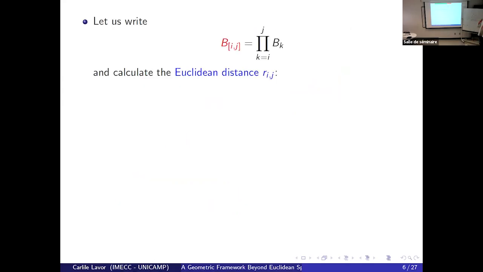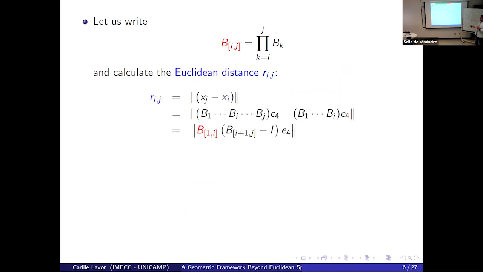Our problem is to compute distances. So let's use the matrices to compute distances. I will use this notation to represent the product between matrices Bi and Bj, and let's calculate the Euclidean distances. The Euclidean distance is just calculated using the norm of this difference.